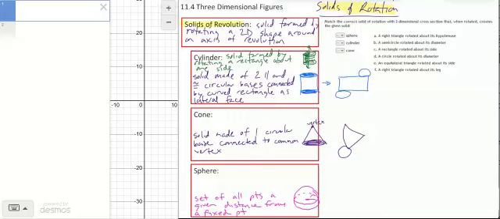The sides of the rectangle would be the radius for the bottom piece and the height of your solid for the top piece. So again, that coincides here with the radius and the height of this cylinder. A cone is a solid formed by rotating a right triangle.